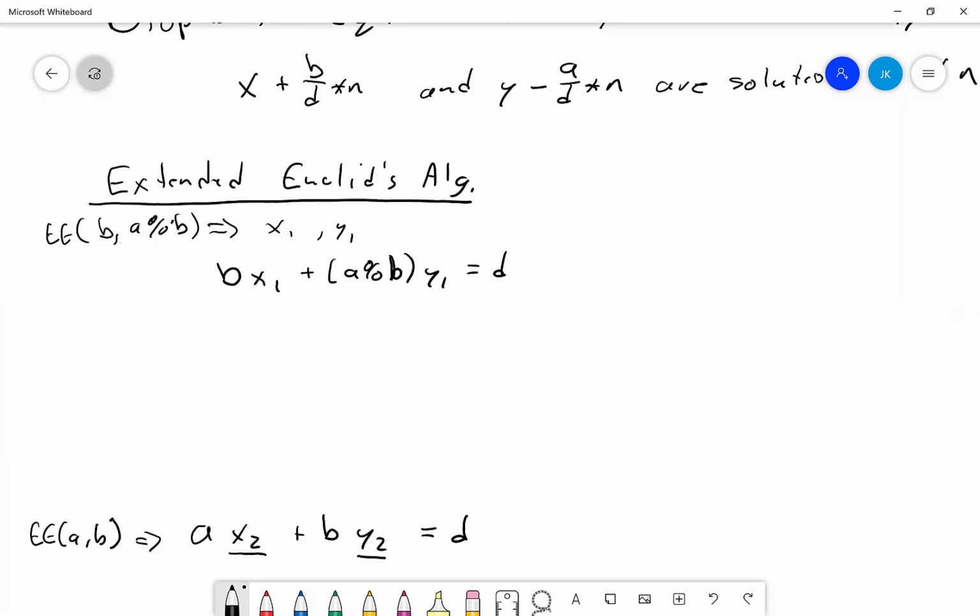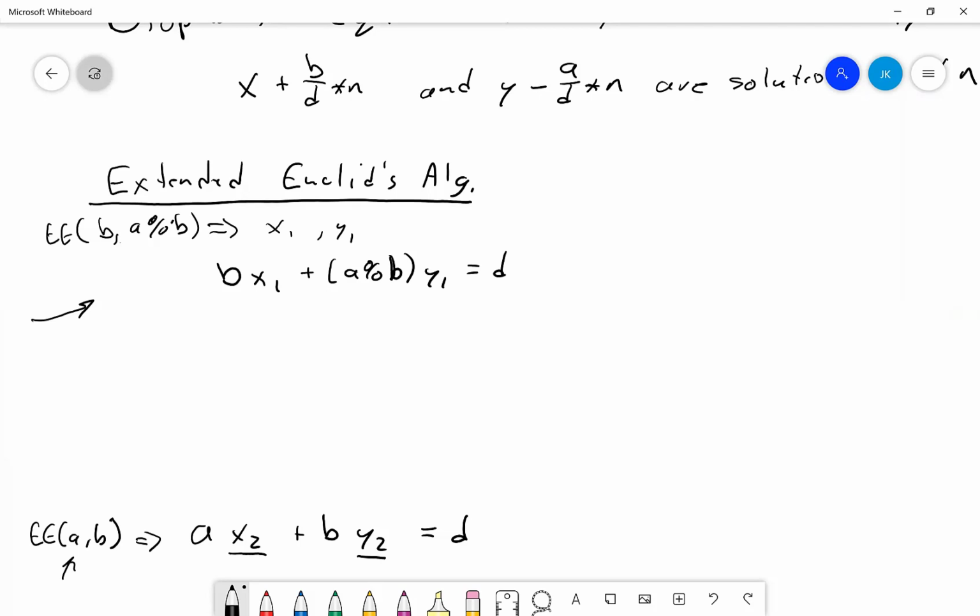What do we need to return from this, given that we've already computed that? So we know that that's true, and we need to figure out what I can return as X2 and Y2. So what we can do here is add and subtract the same thing on both sides.